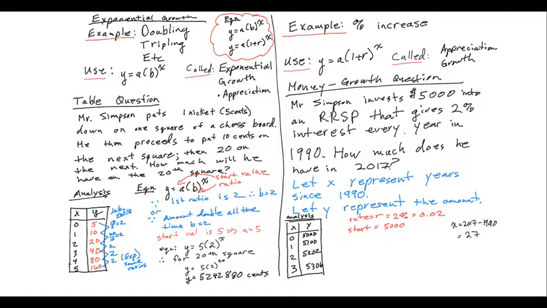So now, when we write our equation, our basic equation is this: y is equal to, well, our start value we said was 5,000, because that's how much we started with at the very beginning of our investment. And then we write 1 plus, using the equation that we have up here, 0.02, raised to the x.